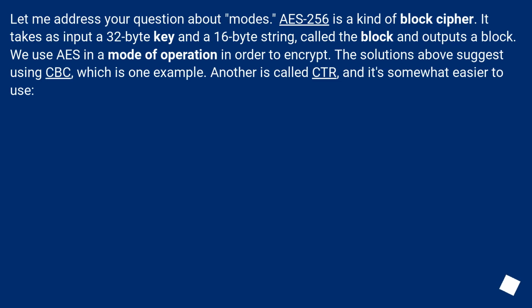Let me address your question about modes. AES 256 is a kind of block cipher. It takes as input a 32-byte key and a 16-byte string, called the block, and outputs a block. We use AES in a mode of operation in order to encrypt. The solutions above suggest using CBC, which is one example.